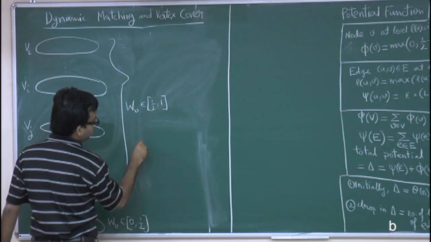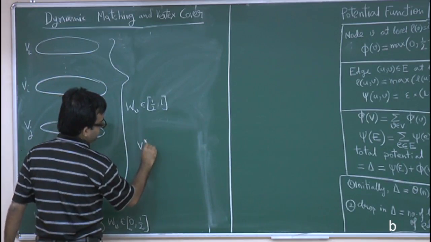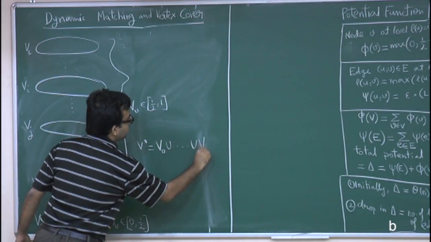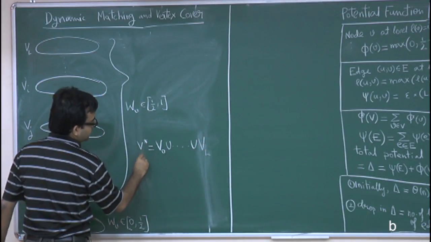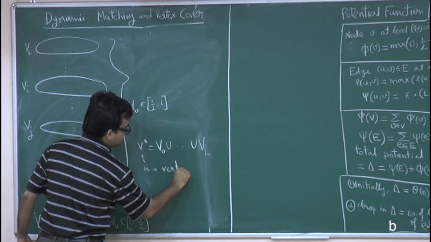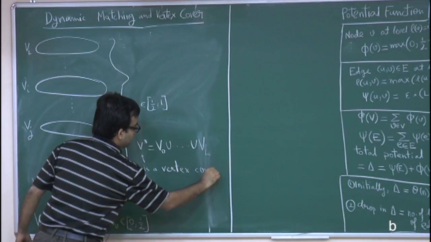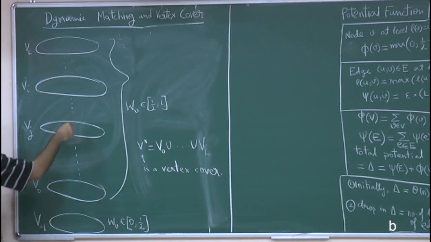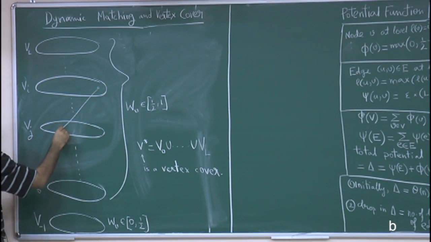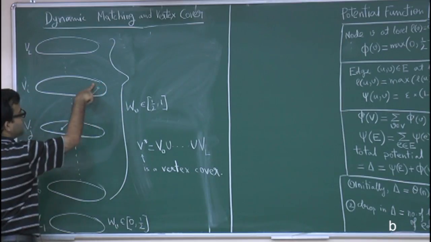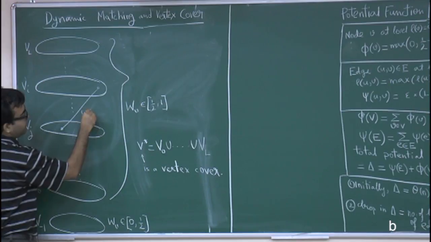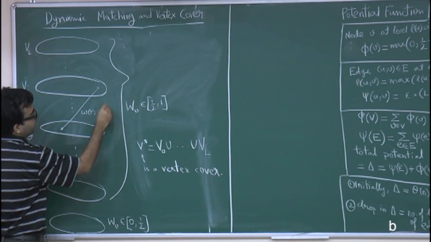So, if we say that V star is the union of the nodes from level 0 to L, then V star basically is a vertex cover. And the weights of the edges will be defined as follows. If there is an edge E whose one endpoint is at level I and the other endpoint is at level j, then its weight will be defined by the level of the higher endpoint.